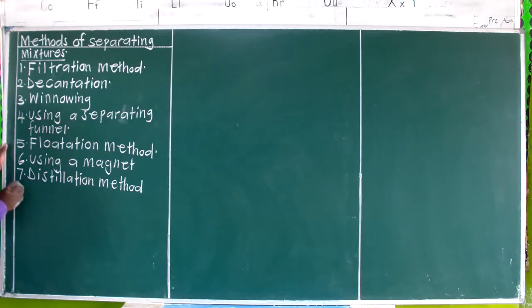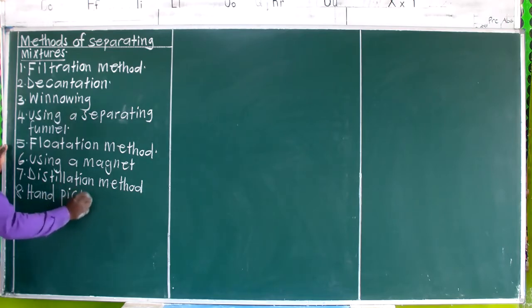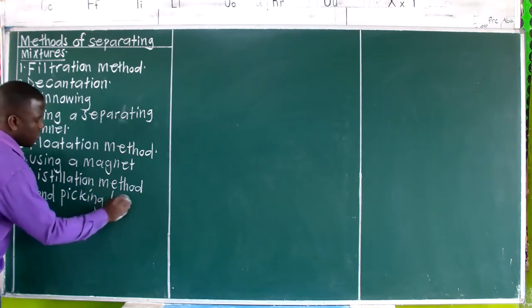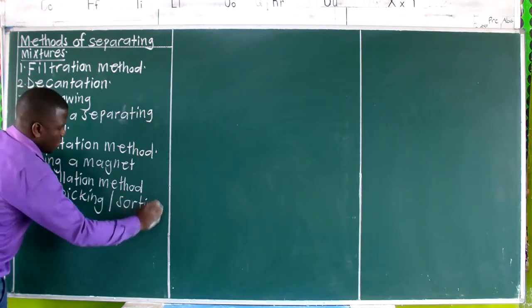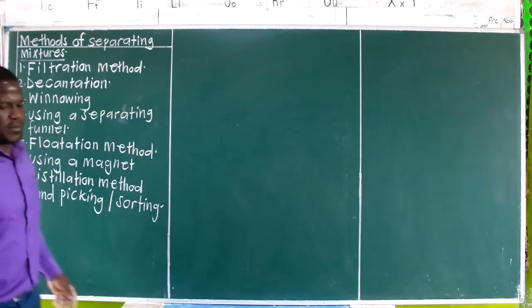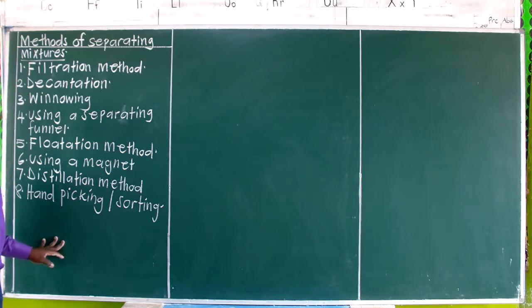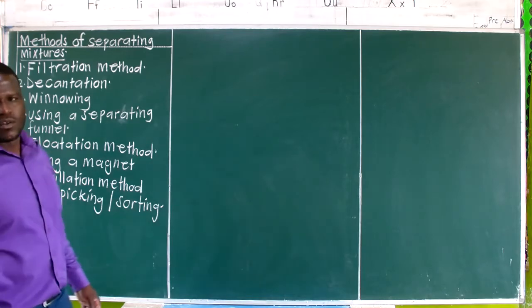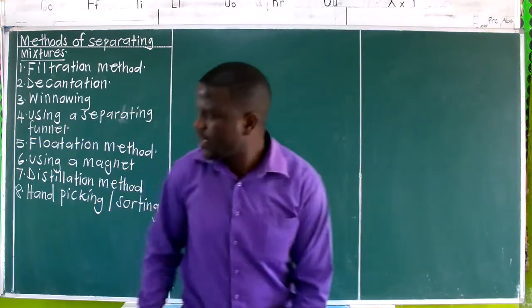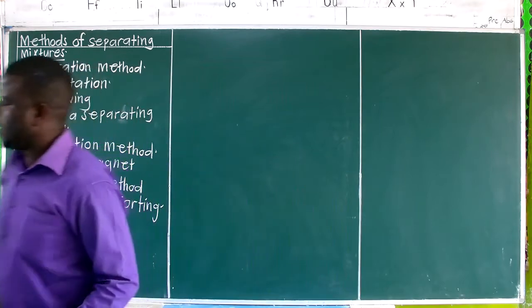Hand picking is also known as sorting. So these are the methods of separating mixtures: the filtration method, decantation method, winnowing, using a separating funnel, flotation method, using a magnet, distillation method, and lastly hand picking or sorting.